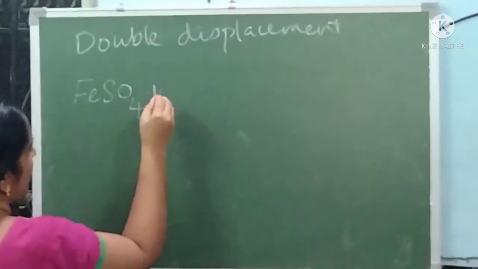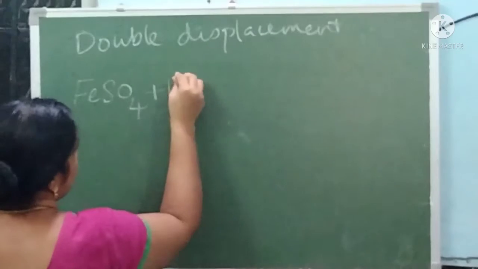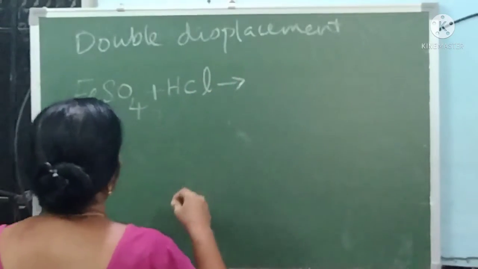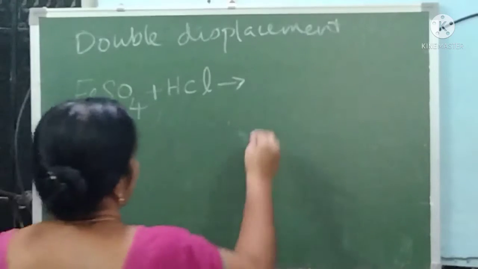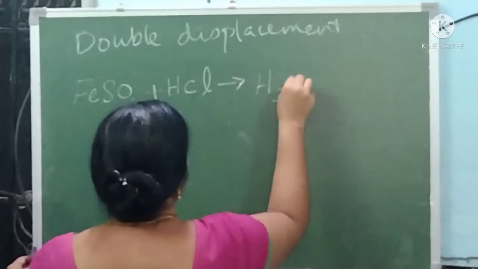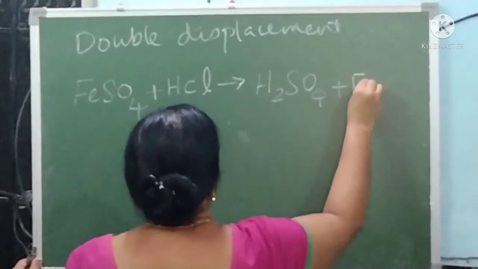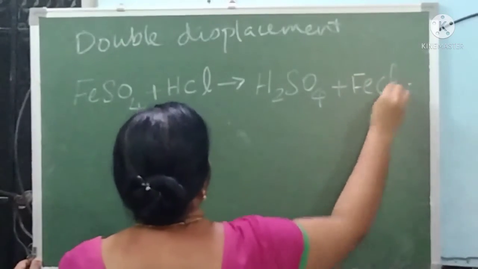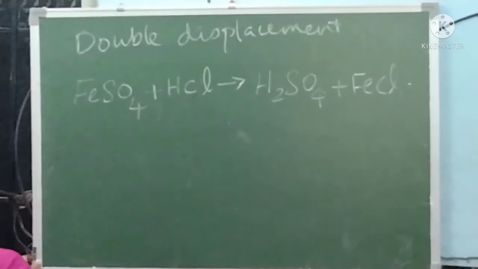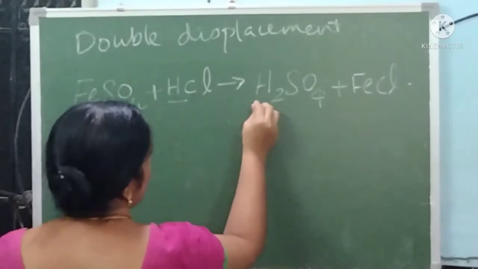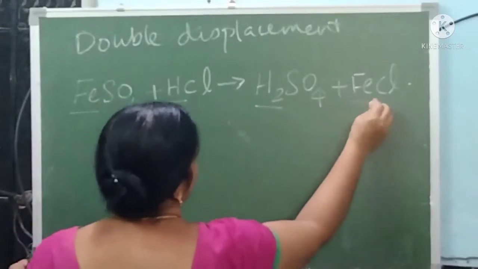FeSO4 plus HCl gives H2SO4 plus FeCl. Here Fe and hydrogen are displaced by H and Fe.